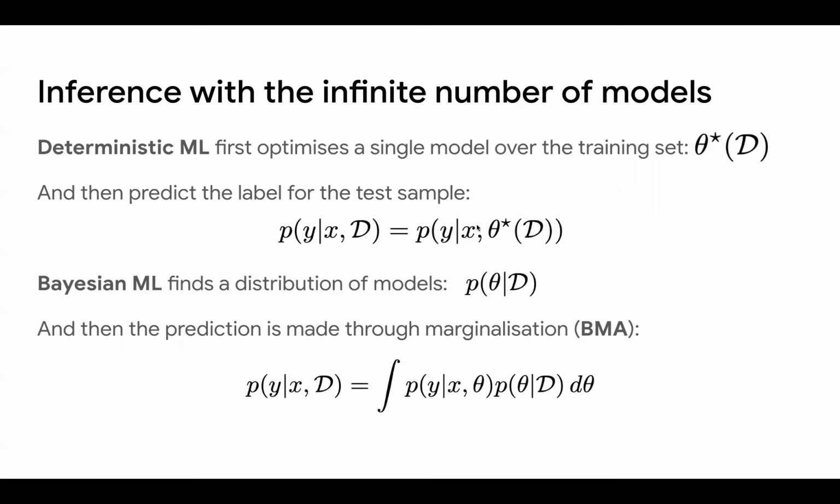Okay, that's it. Very simple. And that's what we have been doing. But with Bayesian machine learning, you're actually finding a distribution of models, like an infinite number of models. And then what you do at test time is you average the predictions from each sample from this distribution. And then you get a sort of voting from those infinite number of models. This is called Bayesian model averaging, okay, BMA in short.